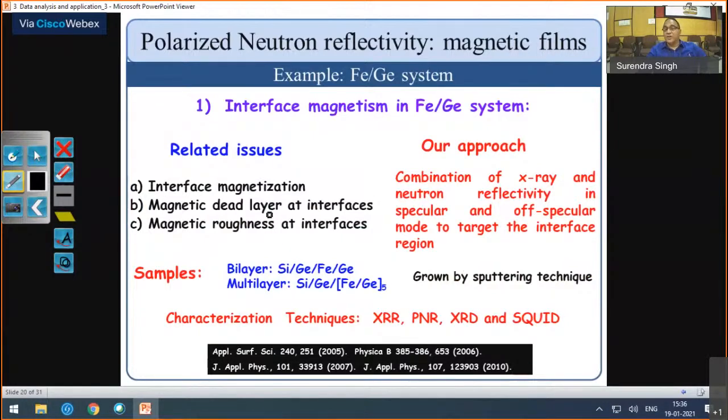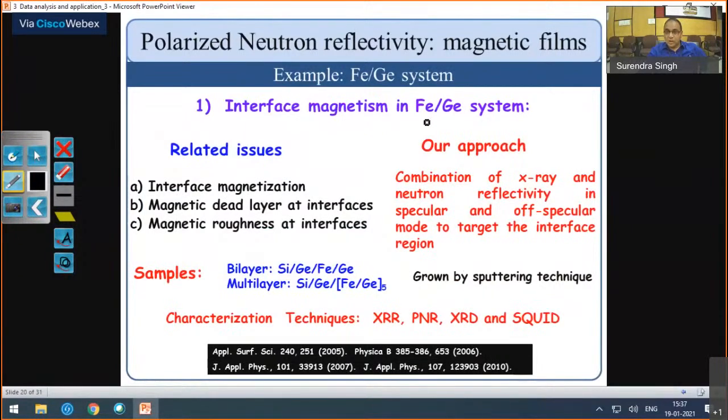So we thought, let us do polarized reflectivity in combination with other techniques and see whether we can get some solution about these phenomena, which people just imagine may be affecting the possible application of this system.